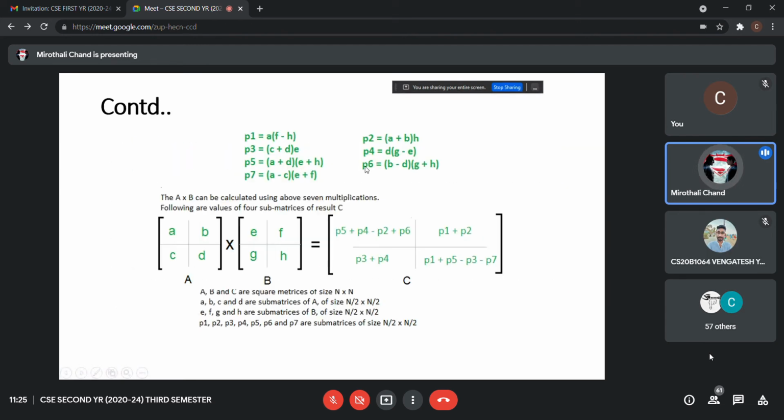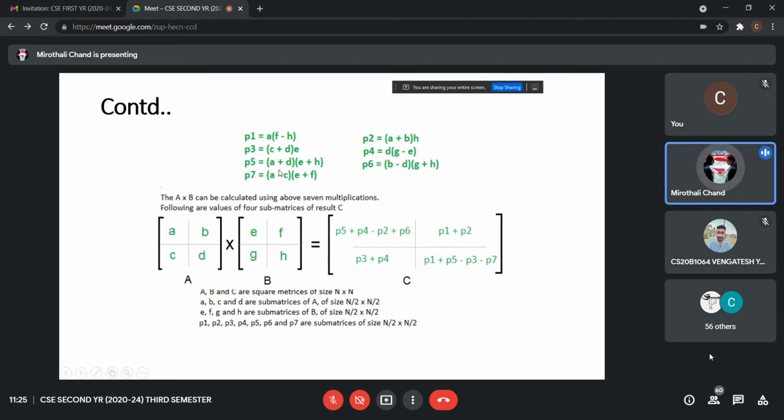So here this is a formula which is different from the normal matrix multiplication we are using. In this part, the submatrices, first we will be calculating P5, P4, P2 and P6.